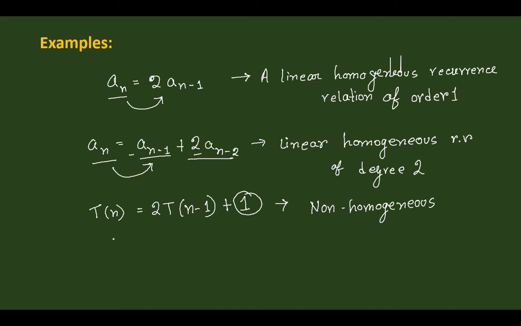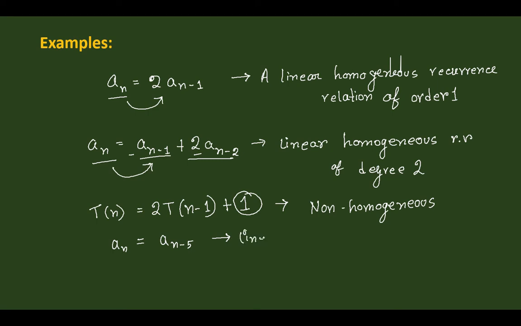Now, let's see another example. Here, an, the nth term of the sequence, is expressed as a n minus 5. So, an is equal to the previous fifth term of the sequence. So, this is a linear homogeneous sequence.